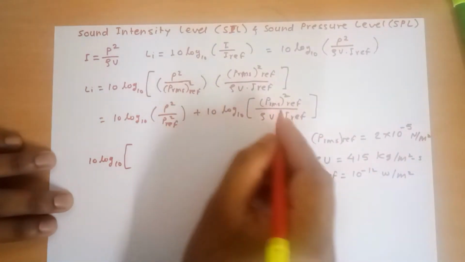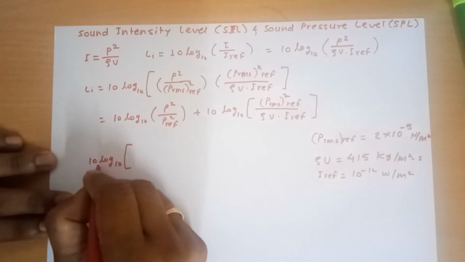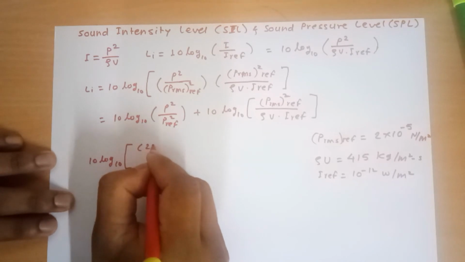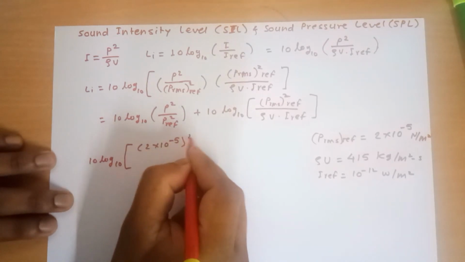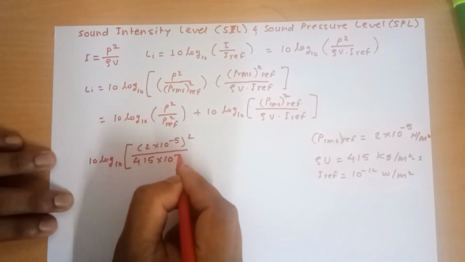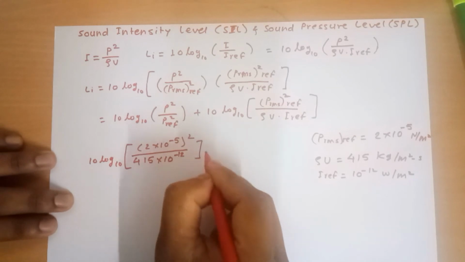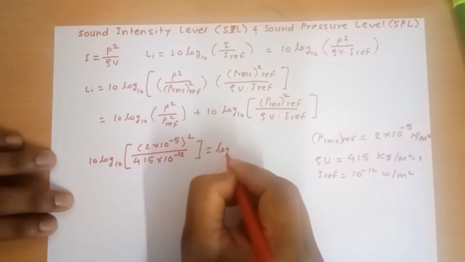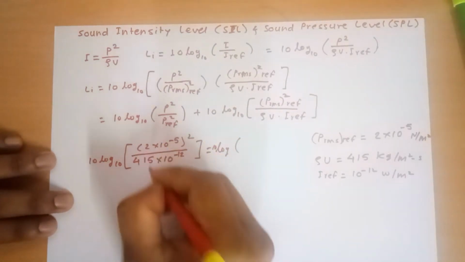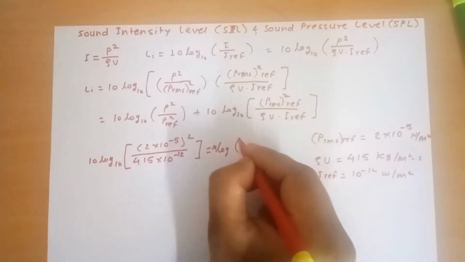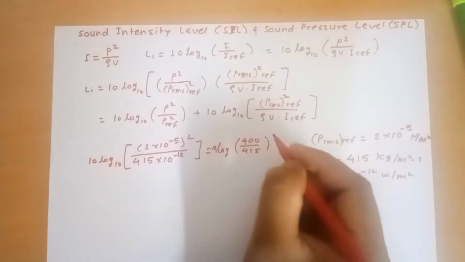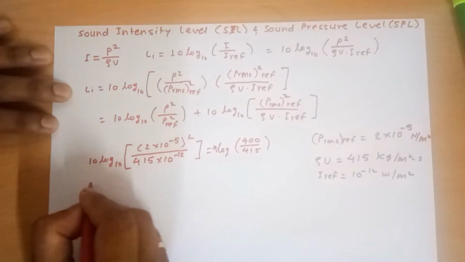So we put these values here. So this 10 log to the base 10, here it is the square of 2 into 10 raised to minus 5 divided by 415 into 10 raised to minus 12. So this becomes 10 times log of this ratio, 400 divided by 415.